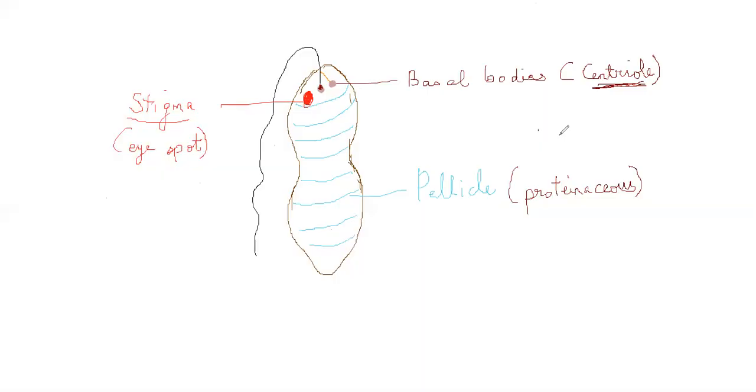Okay. Now, as we discussed that it is a plant-like protist, it must be having a chloroplast. So this green structure is basically the chloroplast.